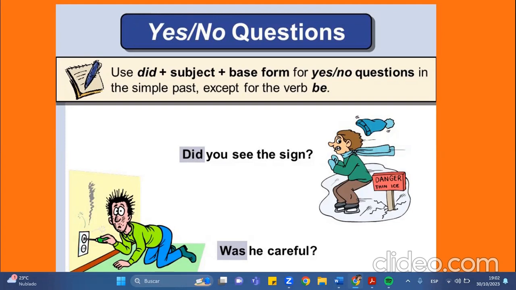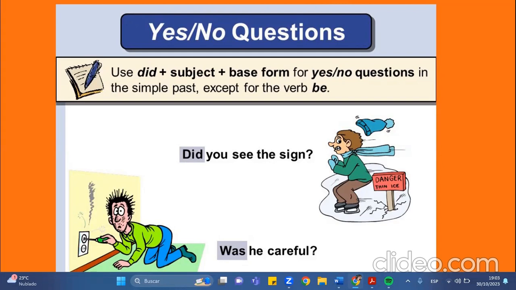It says yes and no questions. Okay, we use did plus the subject plus the base form for yes and no questions in simple past, except for the verb be.